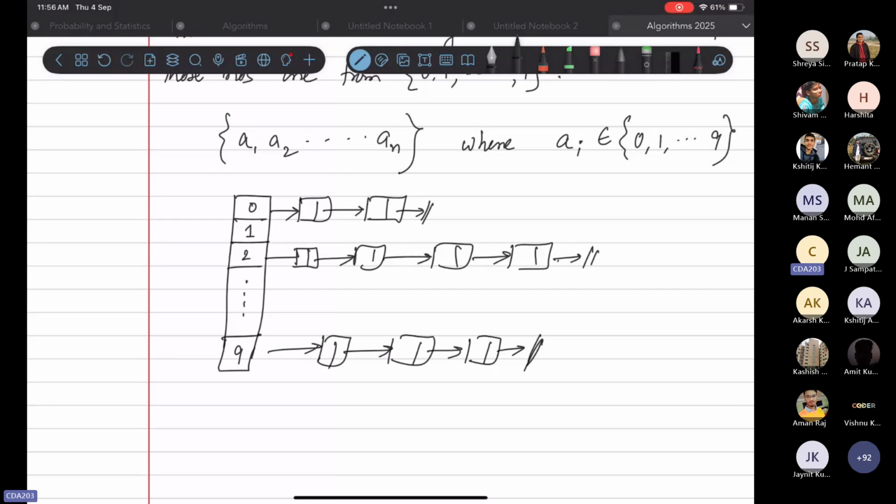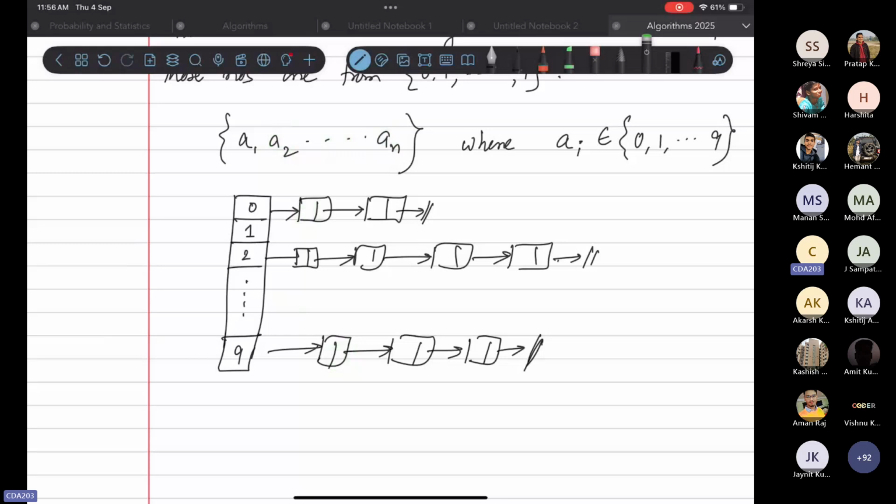And then how do I print? While printing, I just scan through this array of numbers, and if this one is a 5, I'll put it in the list of 5. If this is 0, then I'll put it here. If this one is 9, I'll put it here. If this one is 7, I'll put it in this list.